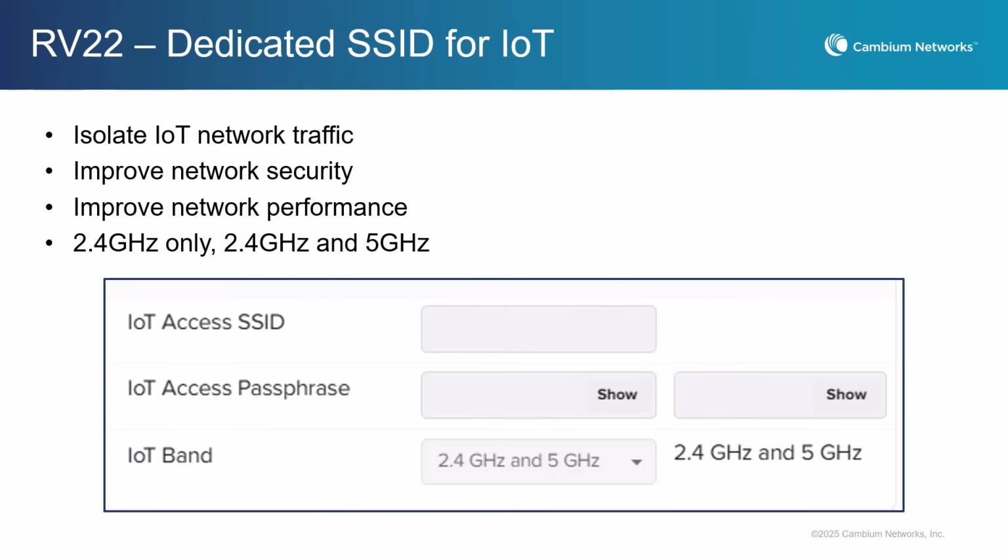Isolating IoT traffic improves network performance and simplifies troubleshooting, while also offering a clear separation from personal or guest devices. The administrator can configure this SSID to operate in only the 2.4 GHz band or the 2.4 and 5 GHz bands.